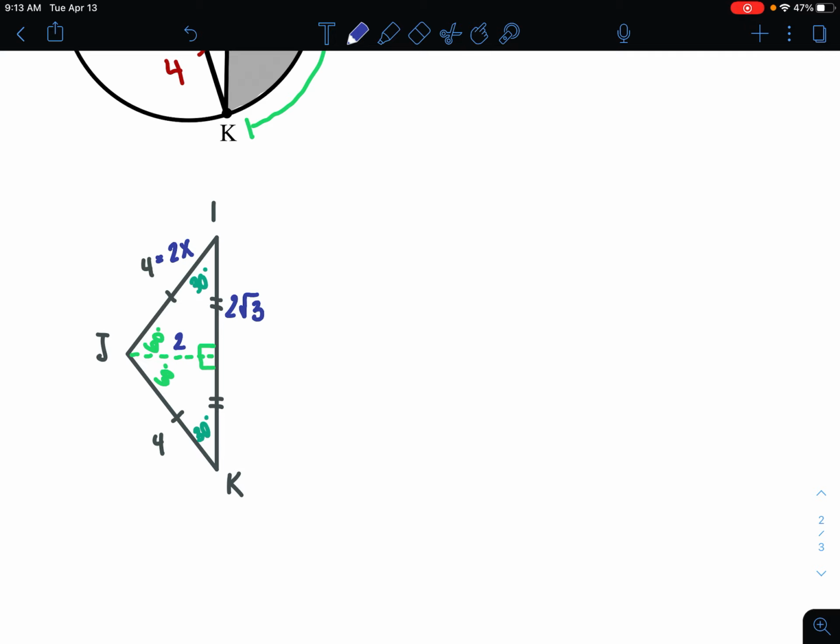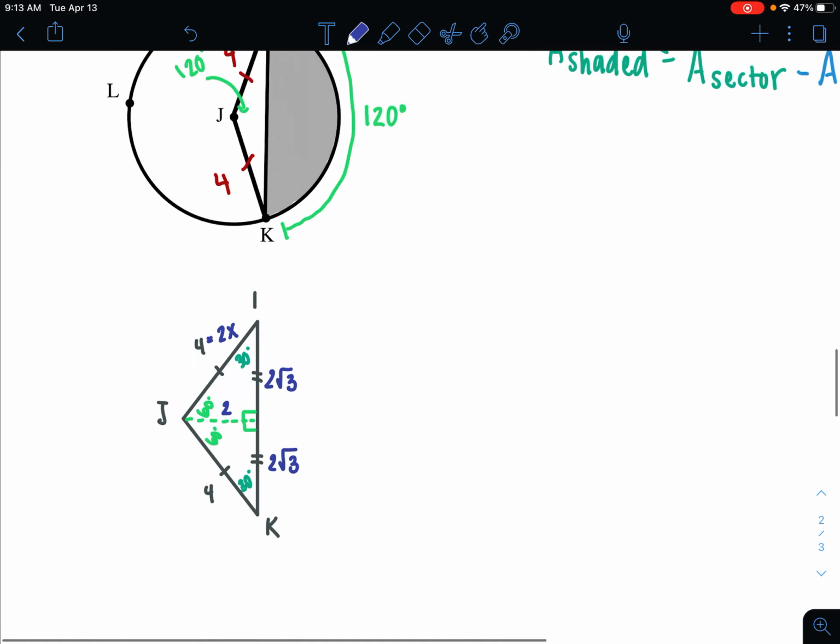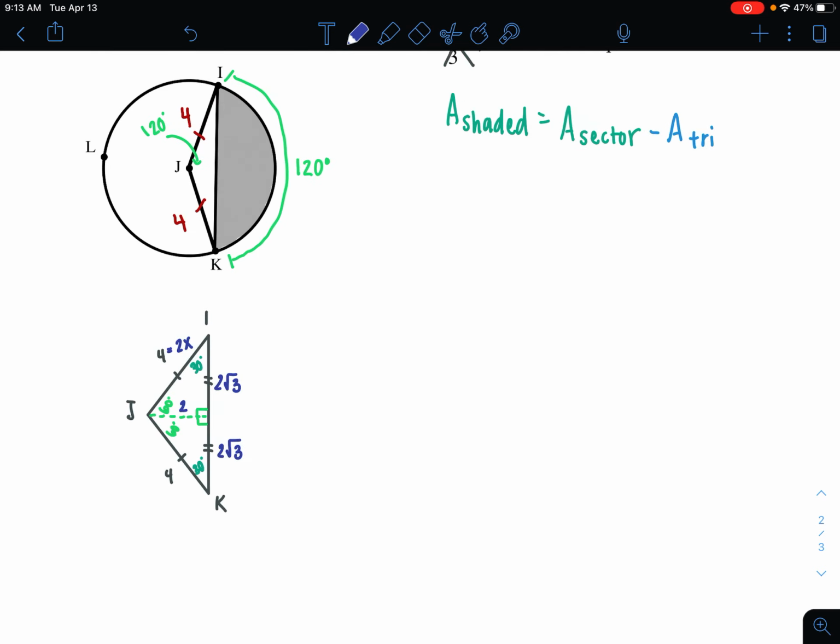Because it's bisecting, we know that both those sides are going to be congruent. So the base of my triangle, so IK, will be 4 root 3 with a height of 2.